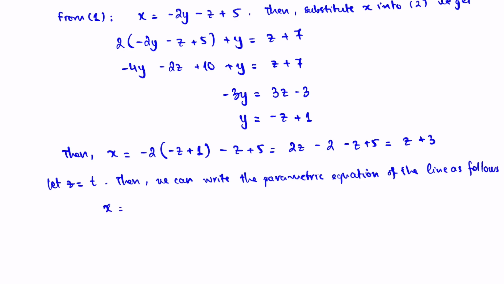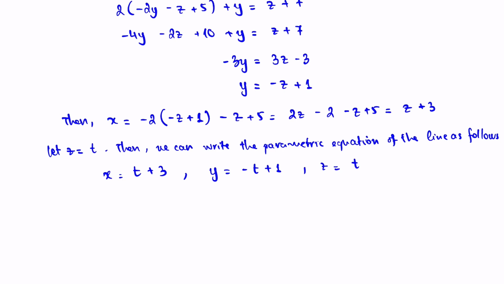You have x = t + 3, y = -t + 1, and z = t. As a matter of fact, if we follow the form that we used in the last lecture, we can write x = 3 + 1t, y = 1 - t, and z = t.